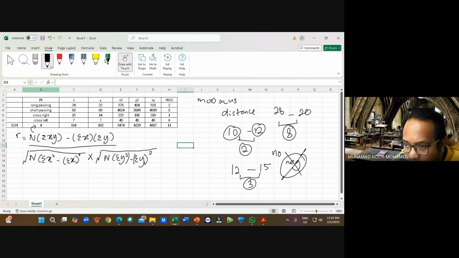So we are going to substitute all of the information that we have above into the equation.